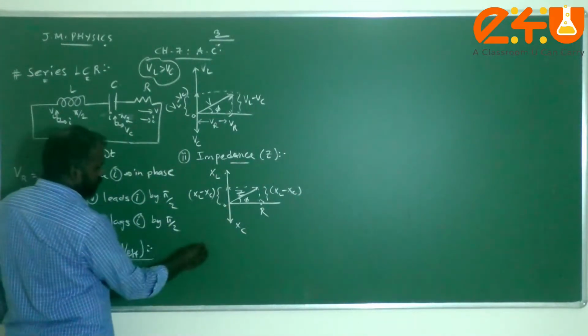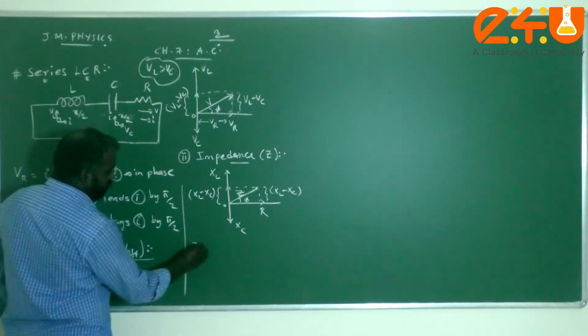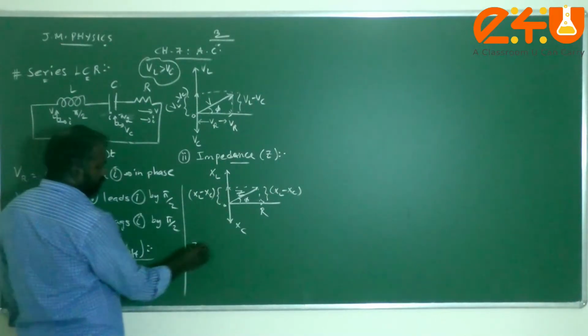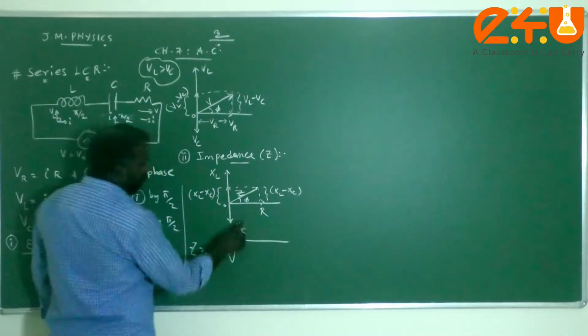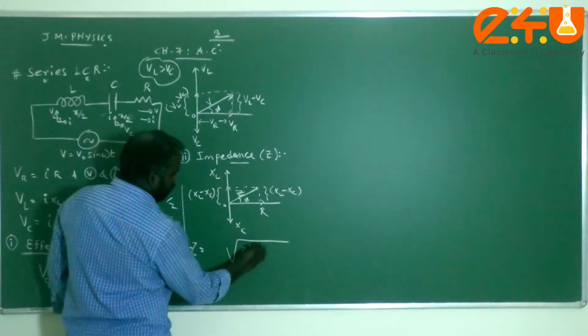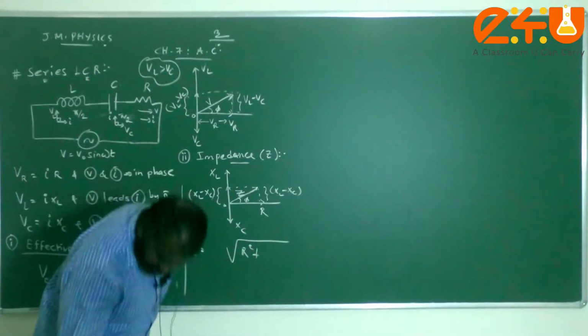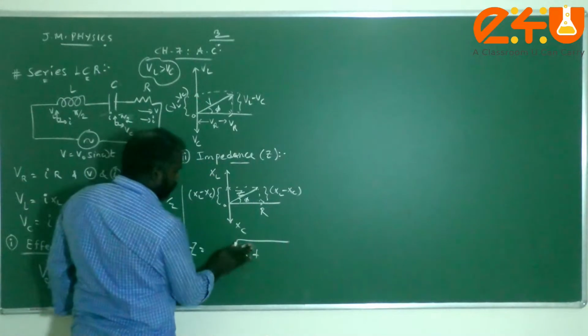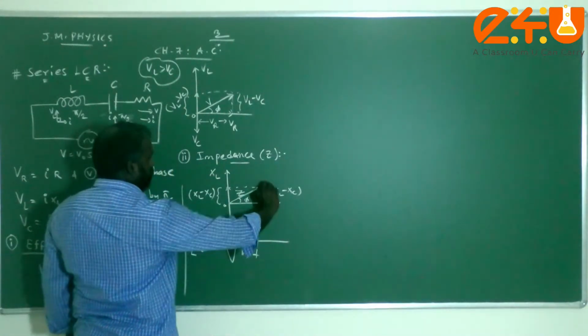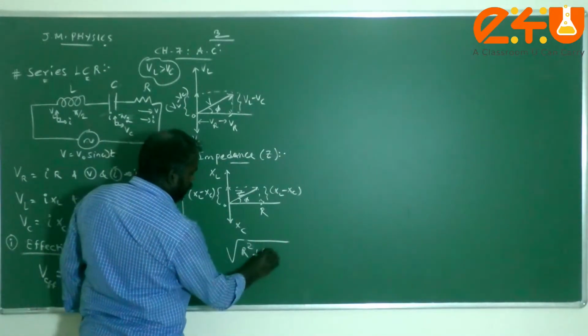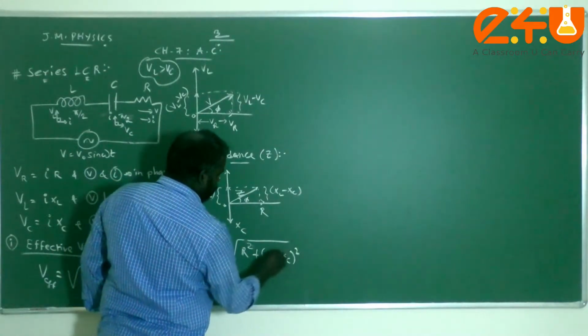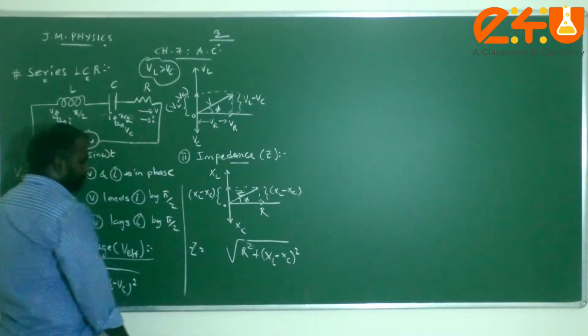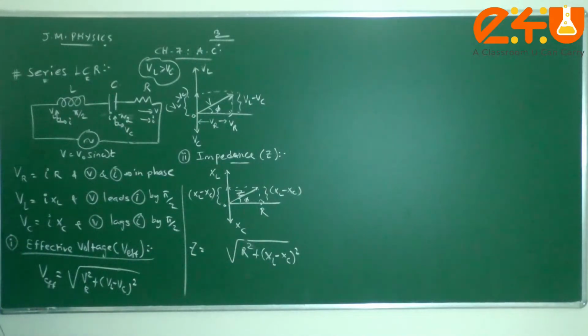So from this I can say that Z is equal to the root of R square plus this opposite side square, that is XL minus XC, a whole square. So from this we can write the voltage value.